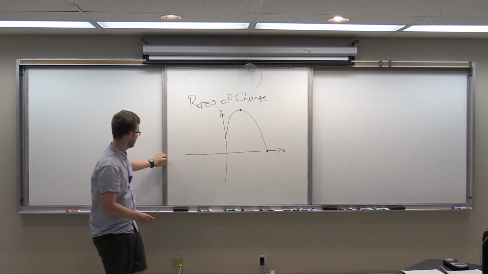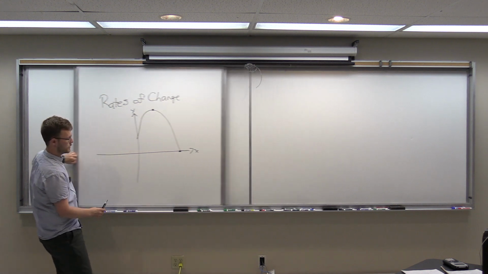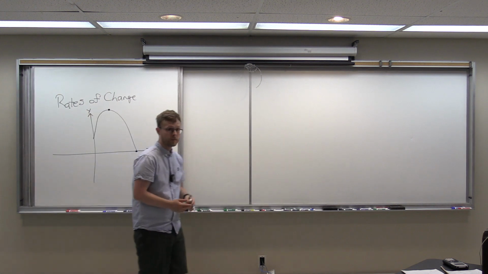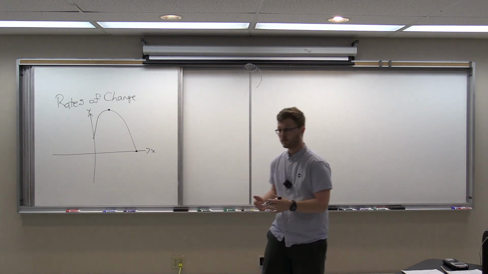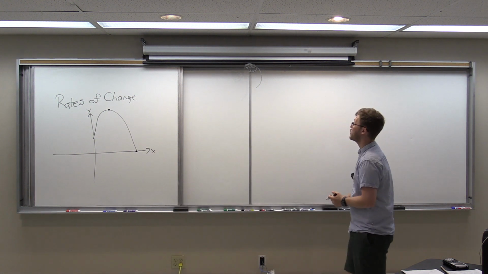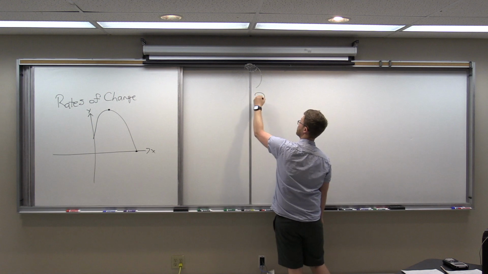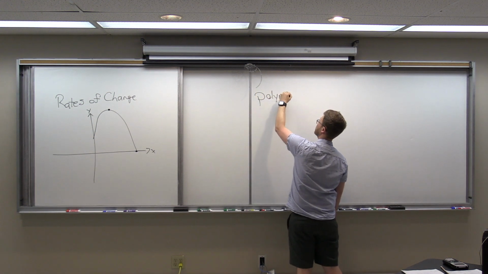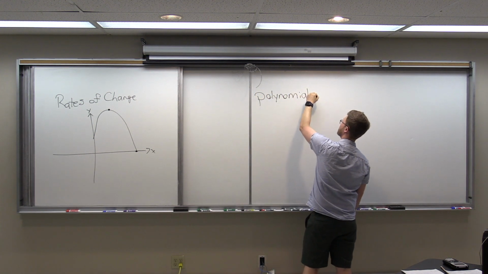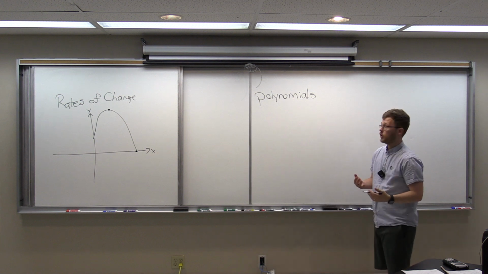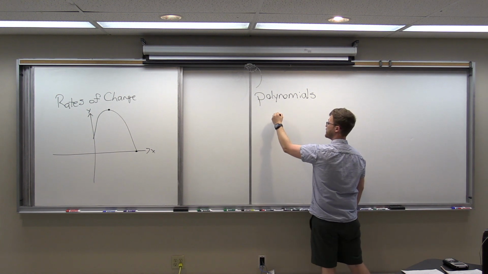So I'm going to start by just shifting this to the left, and we're going to talk about the functions that we're familiar with, a bit of rehashing some old stuff. So the first thing is polynomials. Now, polynomials take some very similar forms.